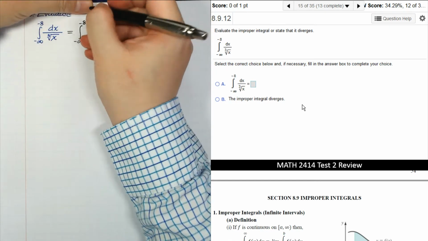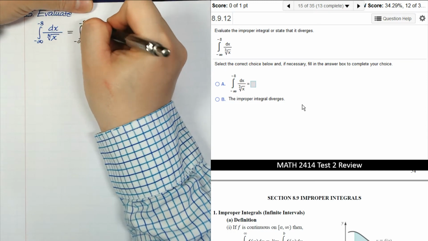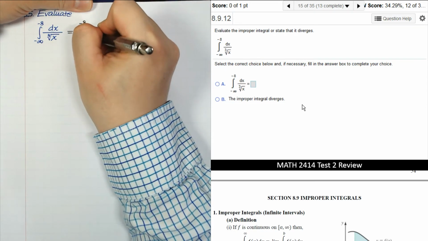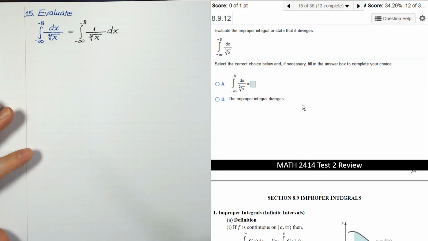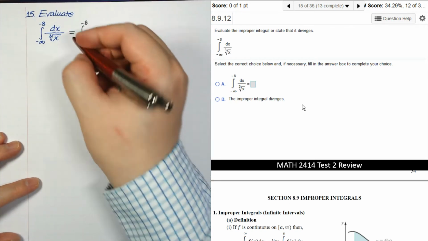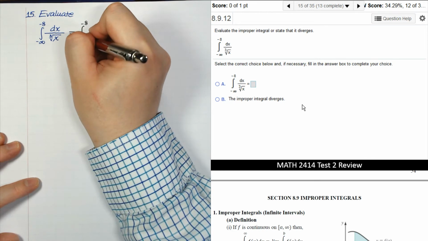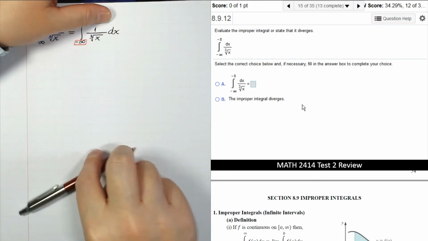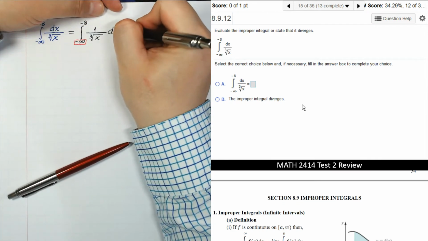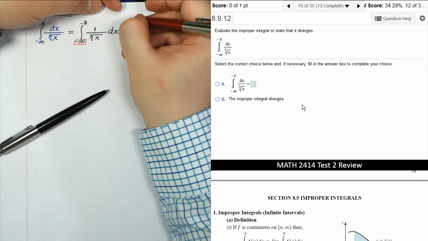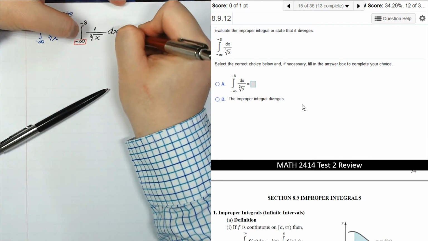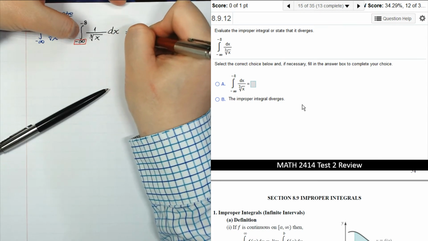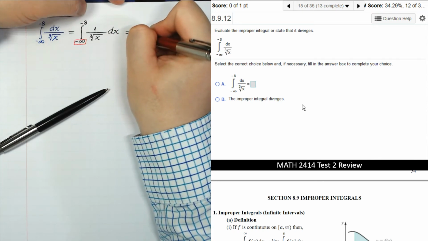I usually move the dx to the back, so we clearly see the integrand like that. Now, there's infinity at the bottom, so we will have to write the limit for that. a goes to negative infinity.